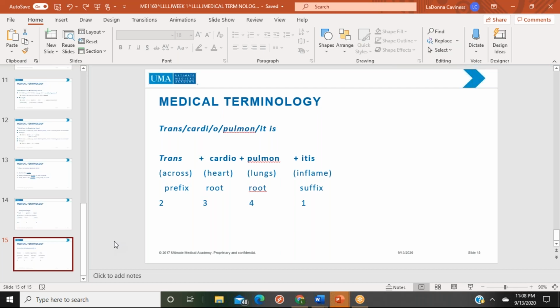Sometimes you may have more than one word root in a medical term, and this is a good example of that. So we have CARDIO plus PULMO, and both of these are word roots or root words, plus ITIS, again, equals inflammation, and this is your suffix.